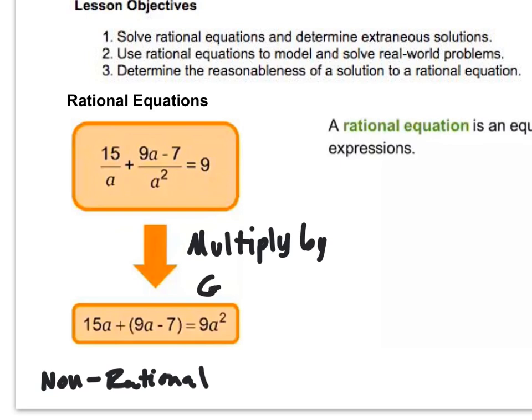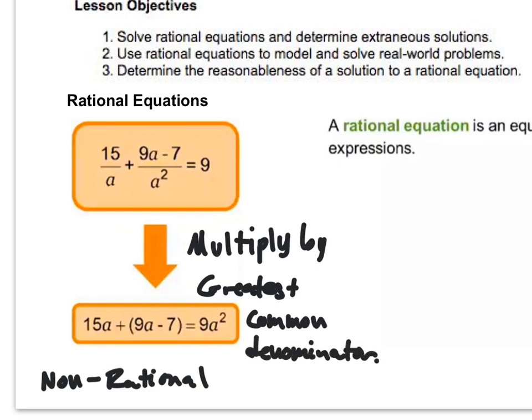Multiply by the greatest common denominator. Okay? Which is kind of a powerful thing to do.